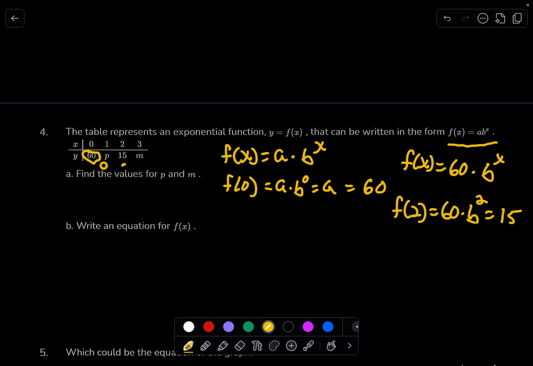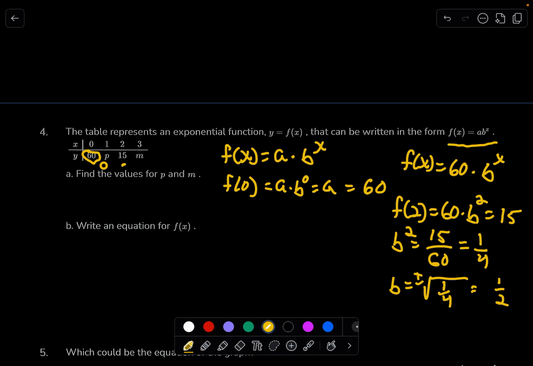So divide by 60, you get b squared equals 15 over 60, which is 1/4. So b equals the square root of 1/4, and it's plus or minus, but we'll talk about what that means. So that's going to be 1/2. All right, but since our base, we've got to make an assumption, our base is positive, so b is not plus or minus, b is 1/2.